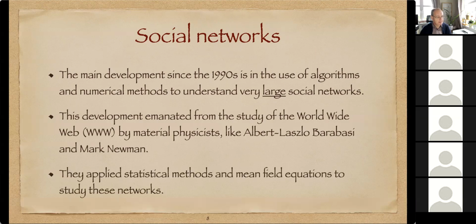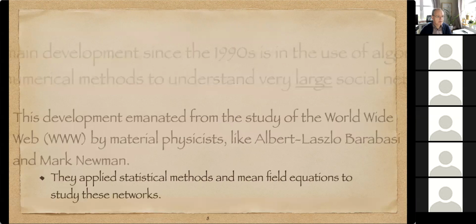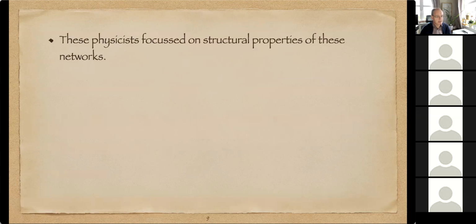And what they did is apply mainly statistical methods. And their specialty of statistical methods, namely mean field equations, to describe these networks. And they came up with insights that the social scientists never were able to derive, because they never tried to map these enormous networks.